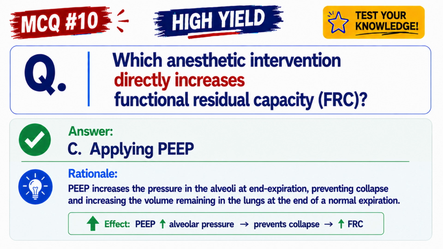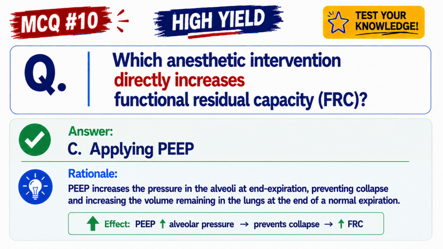FRC is unchanged. Hyperventilation increases minute ventilation, eliminates CO2 faster, but does not change end expiratory lung volume. FRC is unchanged. Only PEEP directly and mechanically increases FRC during anesthesia.